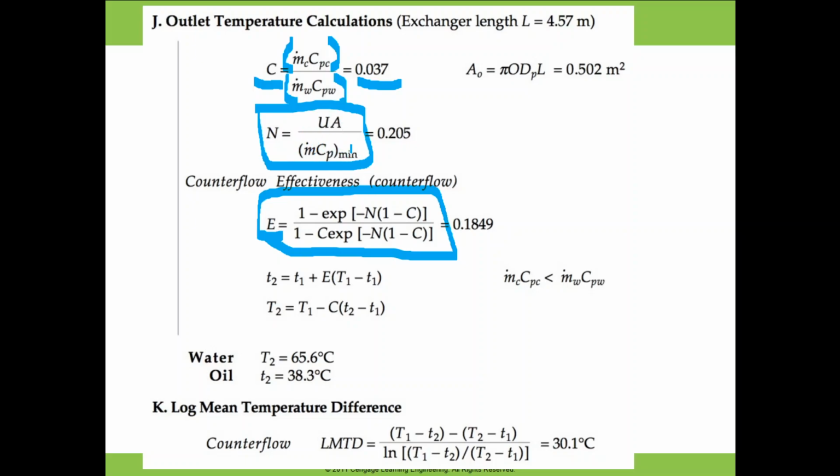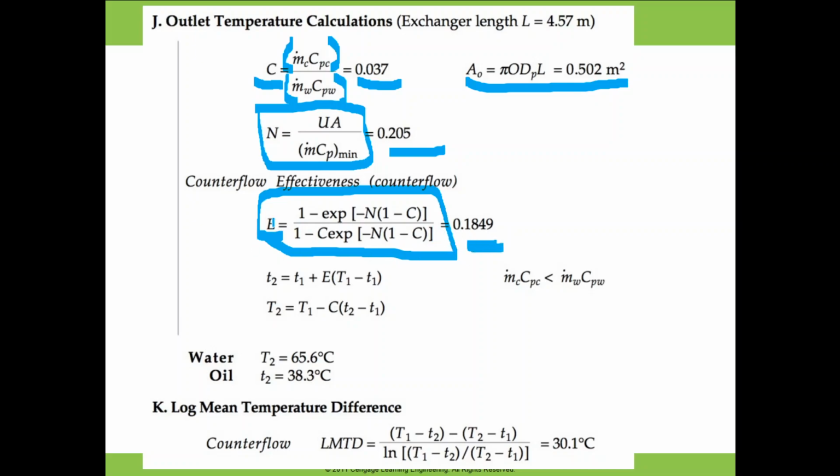After substituting all values, A is again the heat transfer surface area, which is the cylindrical surface area of the outer surface of the inner pipe, and which comes out to be 0.502 square meters. Then you substitute N and C here to find out E.